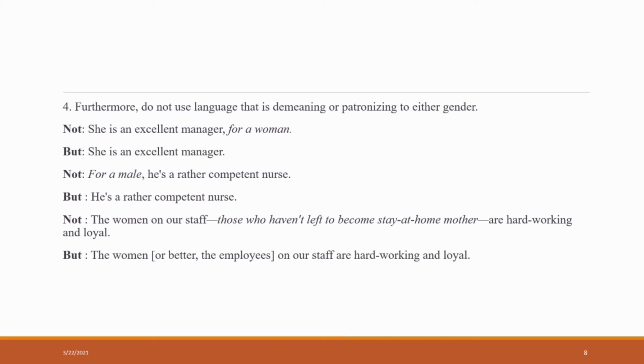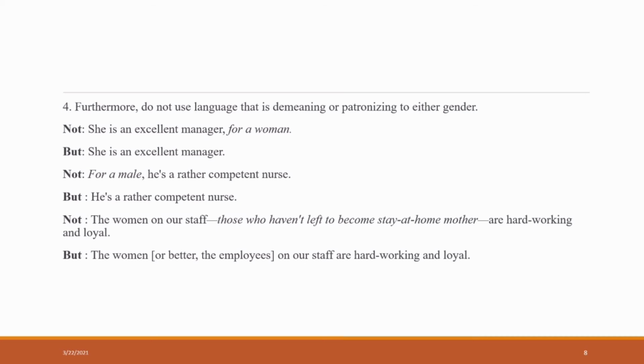Furthermore, do not use language that is demeaning or patronizing to either gender. Not, she is an excellent manager for a woman, but she is an excellent manager. Not, for a male, he is a rather competent nurse, but he is a rather competent nurse.